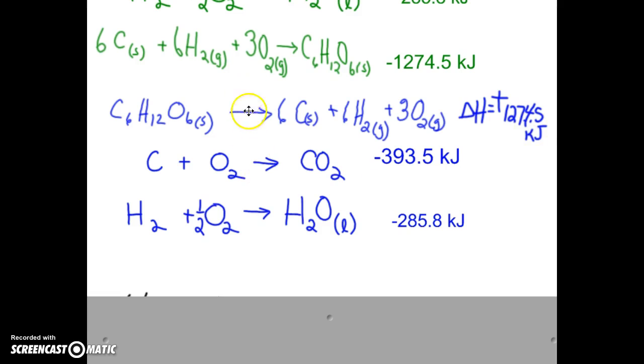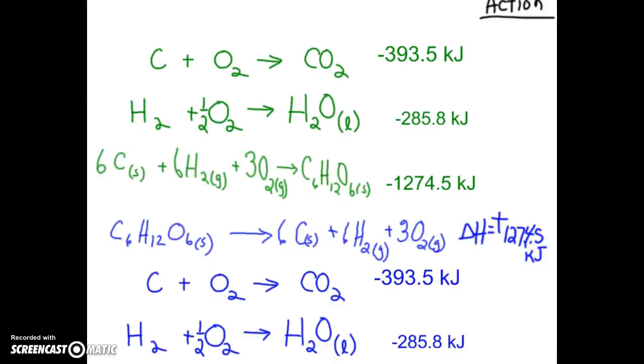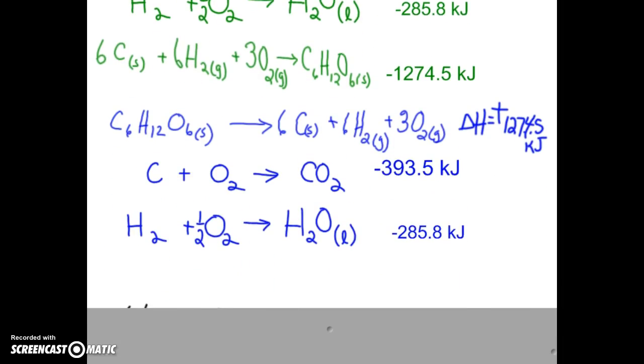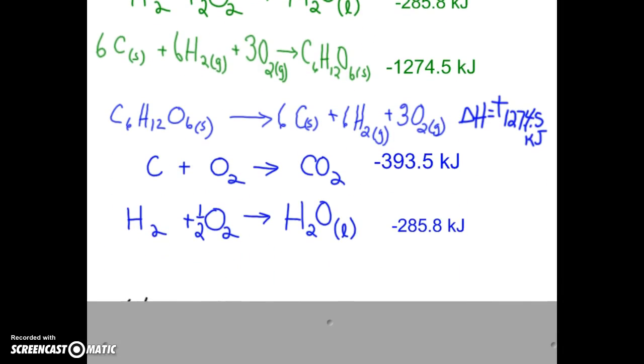Now, if we want to add these three equations up and end up with our overall equation, which is the combustion of 1 mole of glucose plus 6 moles of oxygen, 6 CO2, and 6 water, then we have to rewrite those other equations and have the coefficients be appropriate. So I'm going to multiply the second equation, the carbon plus oxygen equation, by 6, and I'm going to multiply this value by 6.